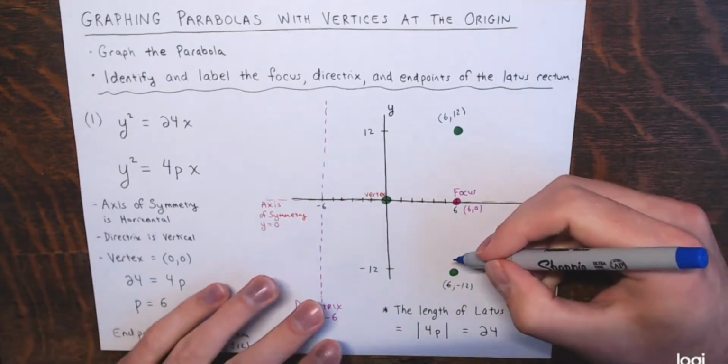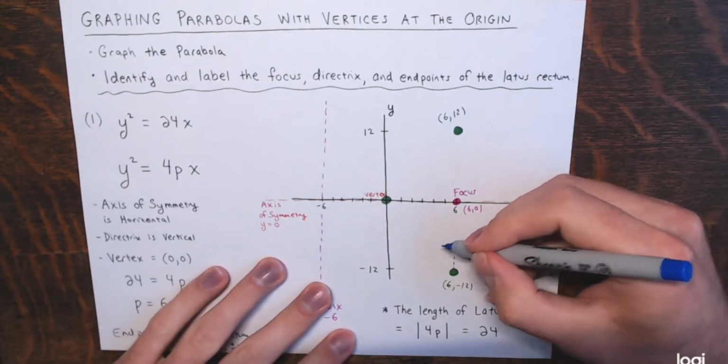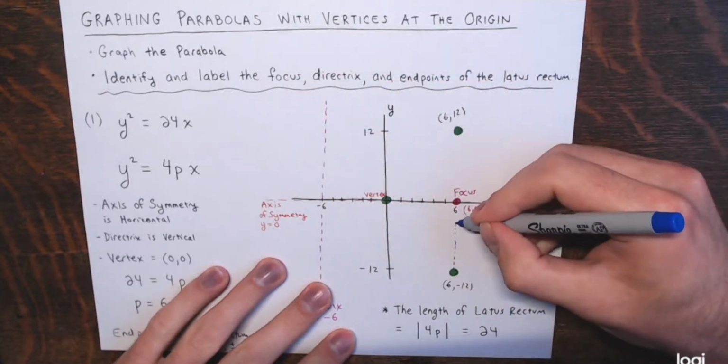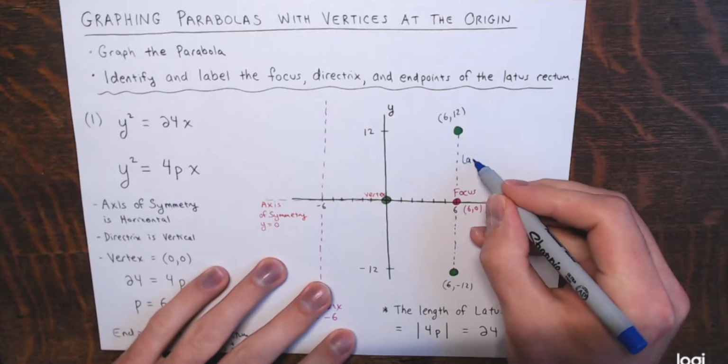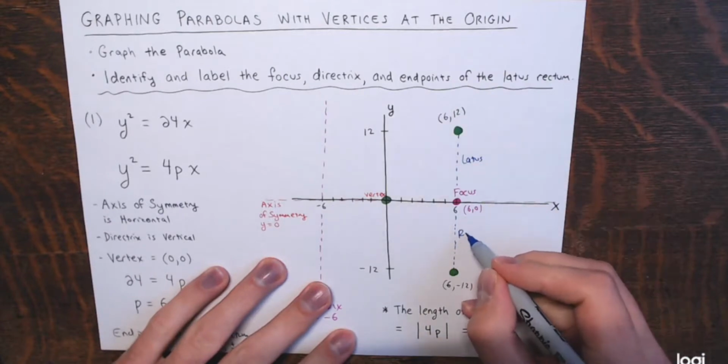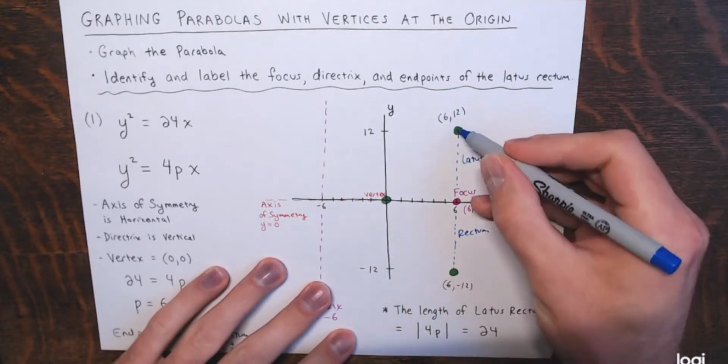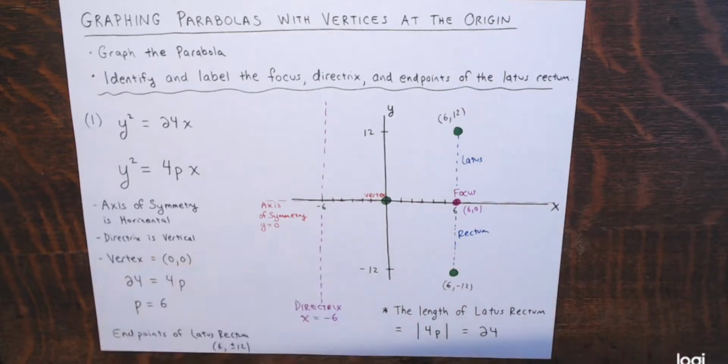The latus rectum should be parallel to the directrix, or perpendicular to the axis of symmetry. There's the latus rectum, and you see it has a length of 24: 12 and 12. That's what I meant by cutting it in half earlier. Then check these points. The points on the ends of the latus rectum should be solutions of the equation.